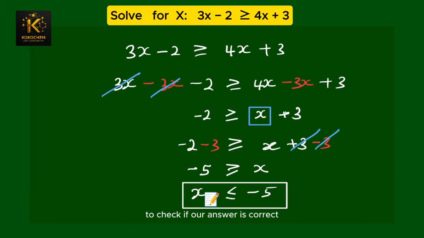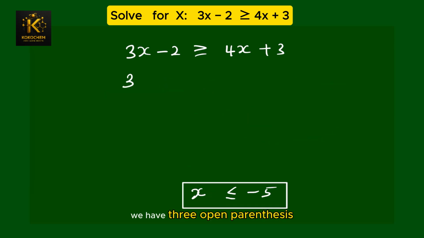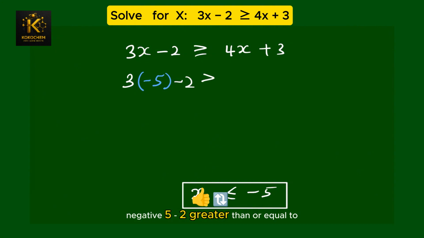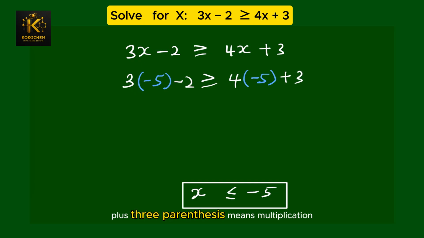To check if our answer is correct, we will plug x less than or equal to negative 5 back into the inequality. Let's do that and see what we will get. We have 3 open parenthesis negative 5 close parenthesis minus 2 greater than or equal to 4 open parenthesis negative 5 close parenthesis plus 3.